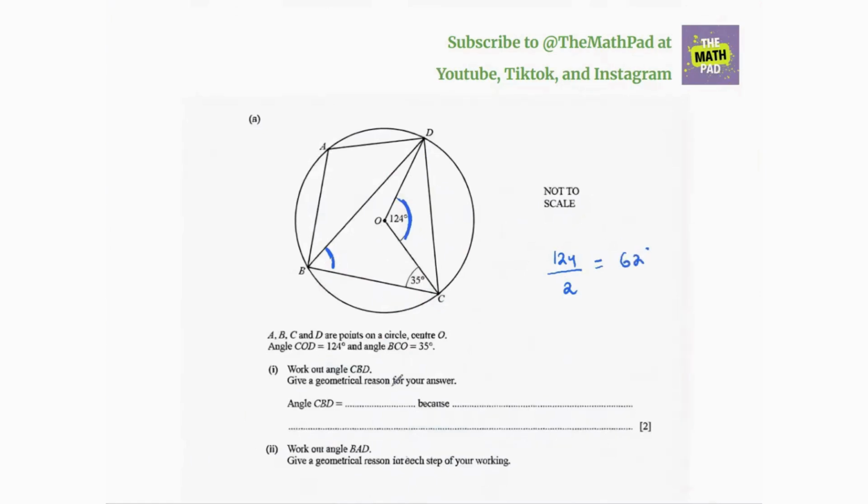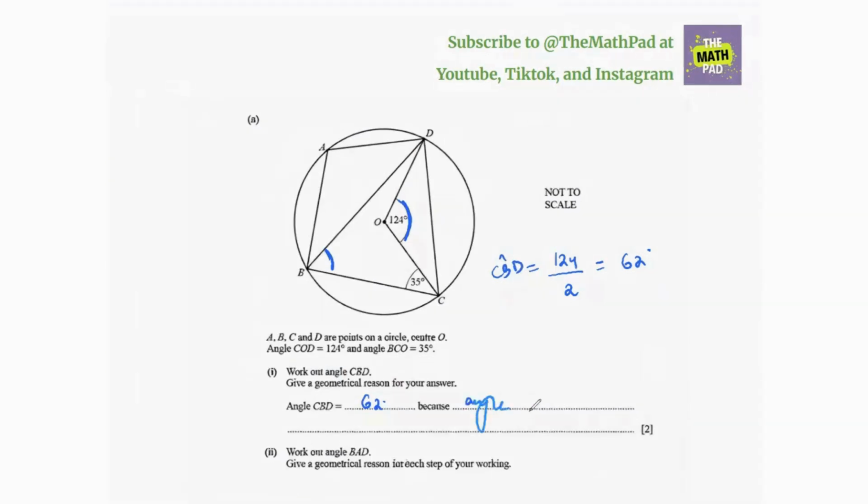So that's 62 degrees. CBD. Angle at the center is twice the angle at the circumference. That's your reason.